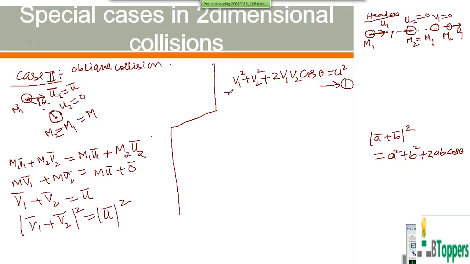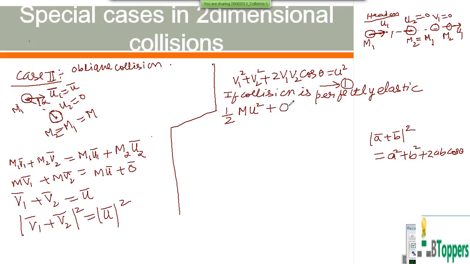Now if the collision is perfectly elastic, then the total kinetic energy of the two colliding masses just after collision can be taken to be the same as the total kinetic energy of the two colliding masses just before collision. So the initial kinetic energy of the first mass is half m1 u1 square, with m1 equal to m here and u1 equal to u.